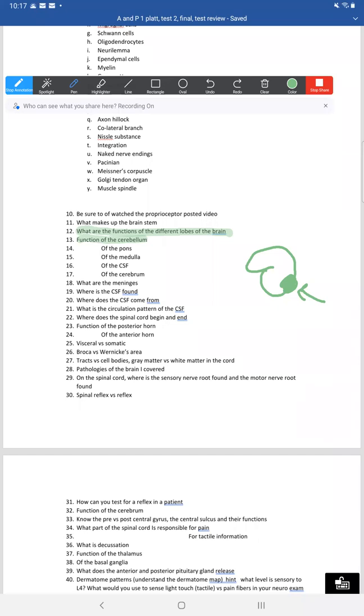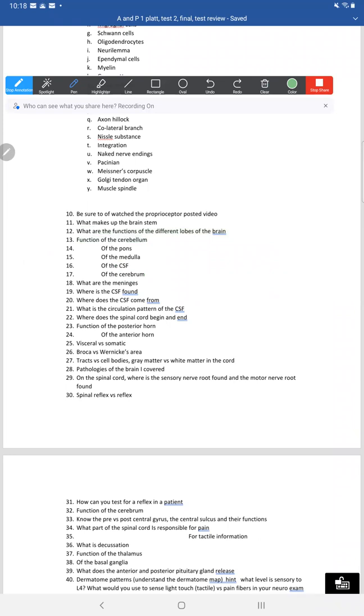Finger to nose, walk the straight line, like sobriety test stuff. Those are cerebellar exams. Okay, so when you're seeing this one bullet on the function of the cerebellum, you realize there's many things that come with it. So draw it out, talk about it. What are the tests? What does it do? Okay, and same with your pons and medulla, cerebrospinal fluid, cerebrum.